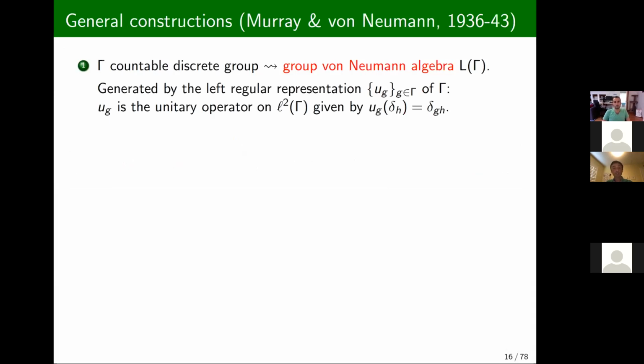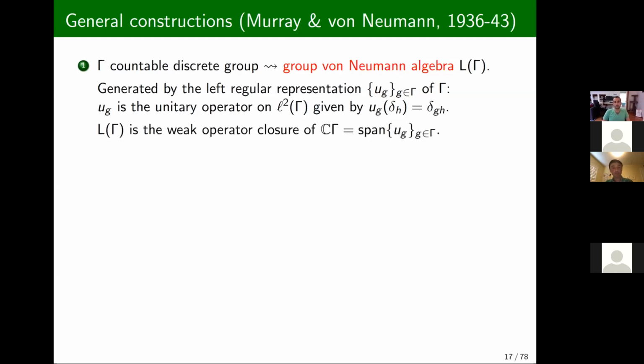So what is the left regular representation of gamma? For every group element g, you have a unitary u_g on the Hilbert space little l2 of gamma, of l2 summable complex valued functions on gamma, which sends the Dirac mass at h to the Dirac mass at g times h. So this is really the representation of the group that you get from the left multiplication action of the group on itself.